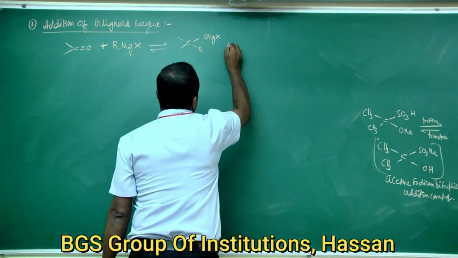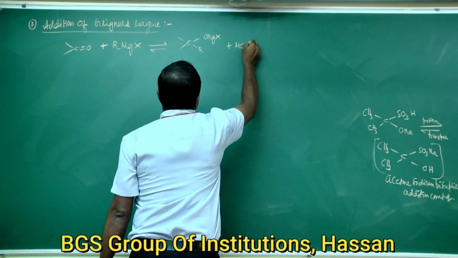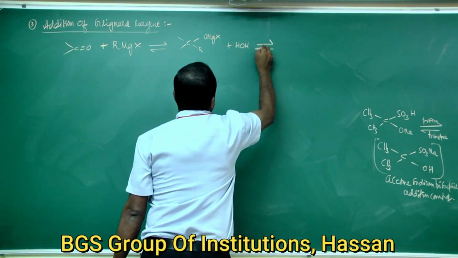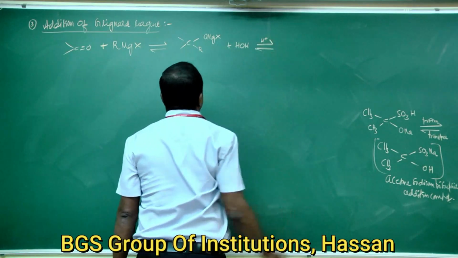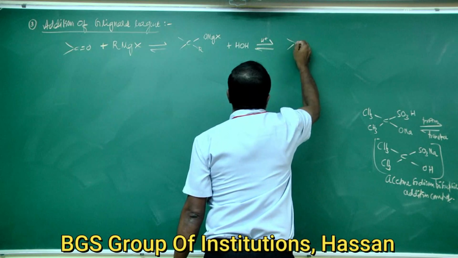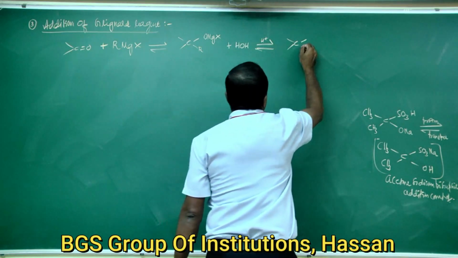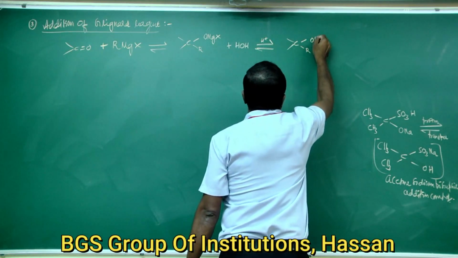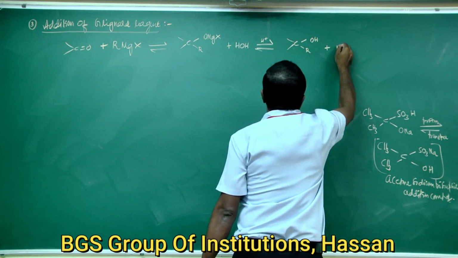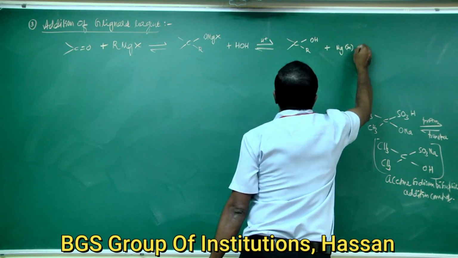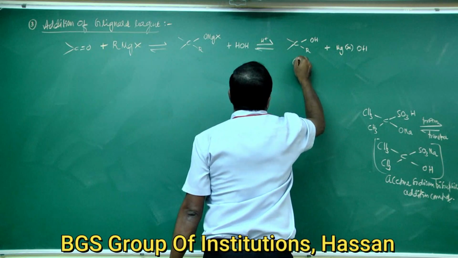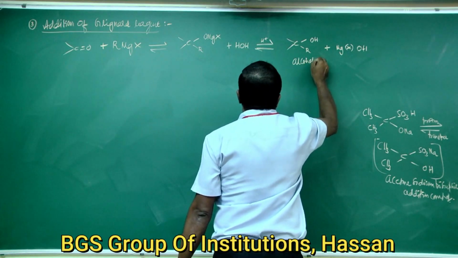This on hydrolysis in the presence of acid gives alcohols plus MgX(OH). This is alcohols.